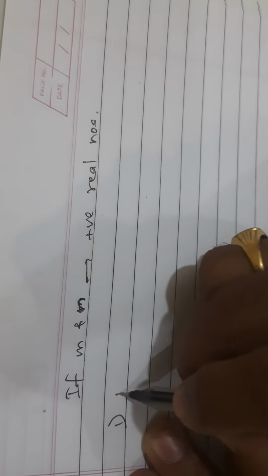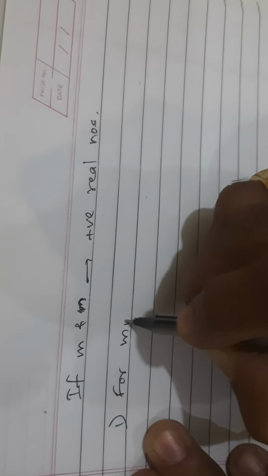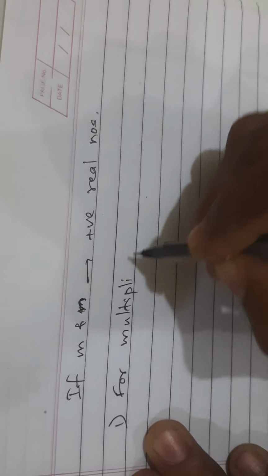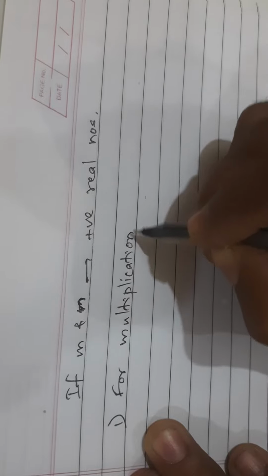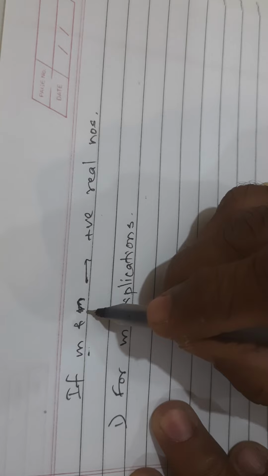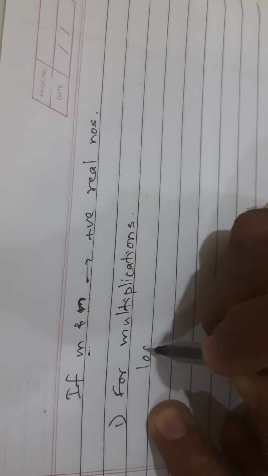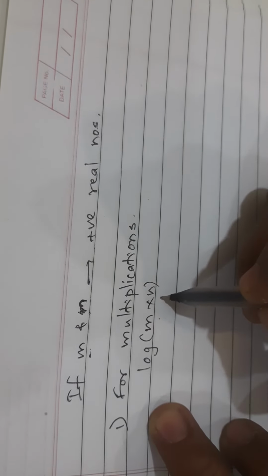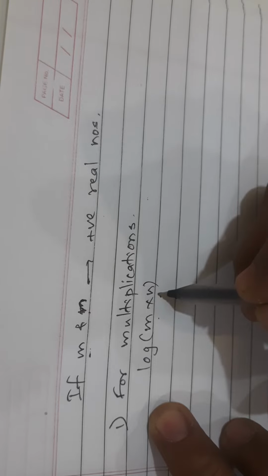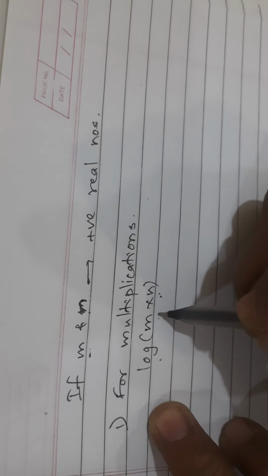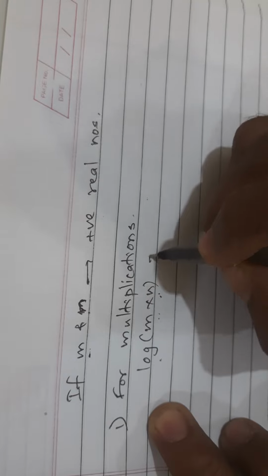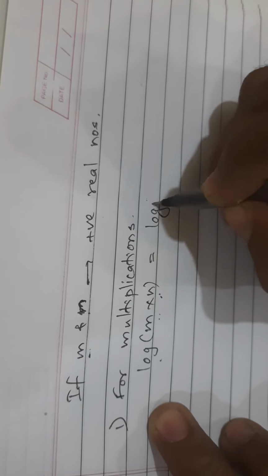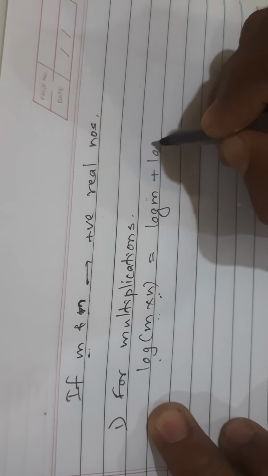First we see the multiplication. If we take the multiplication of these two positive real numbers, that is m into n, and we take the log of this multiplication, then according to the rule we can write it as log of m plus log of n.